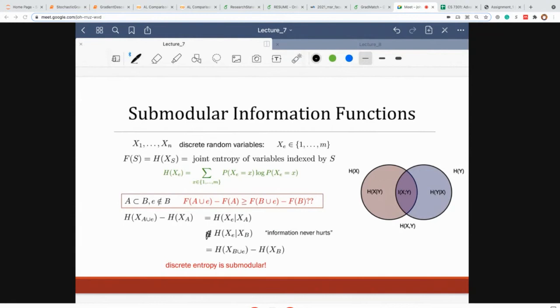So this is greater than or equal to the conditional entropy of X_e given X_B, right? As A is a subset of B, you have this diminishing returns property.